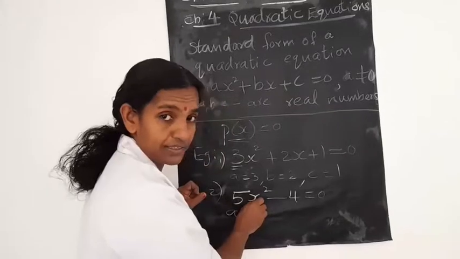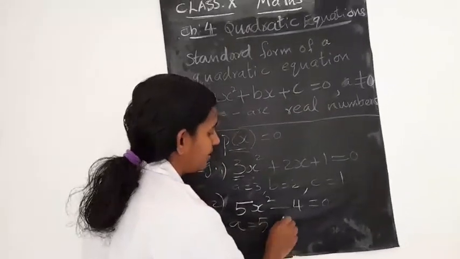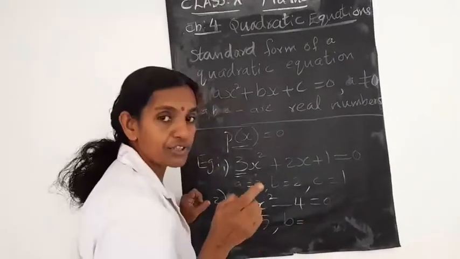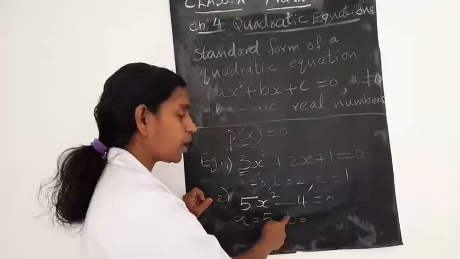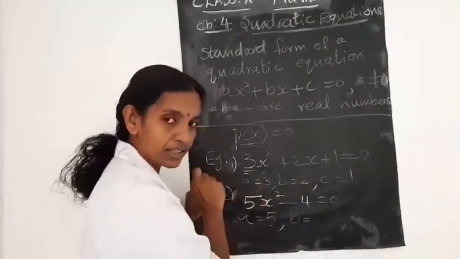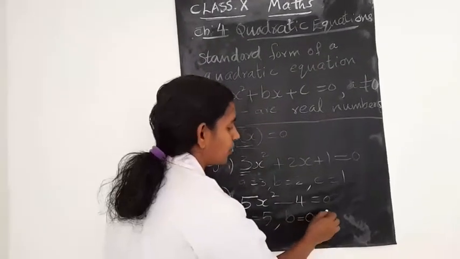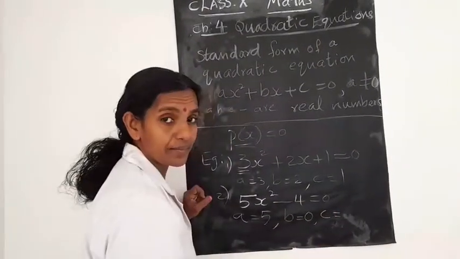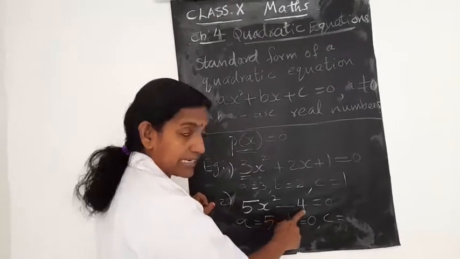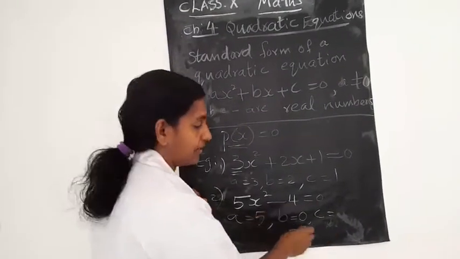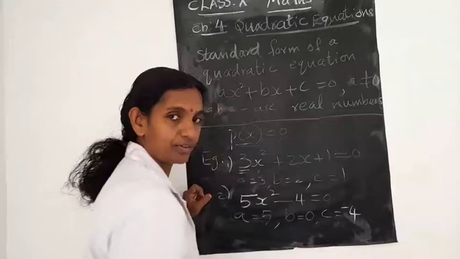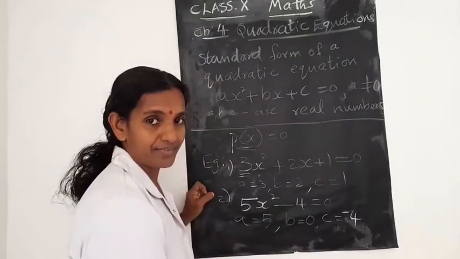The coefficient of x square, that is 5. And what is b? The coefficient of x. That term is missing here, which means we can take it as 0. Now, what is c, the constant term? It is minus 4. See that negative sign. Understand?